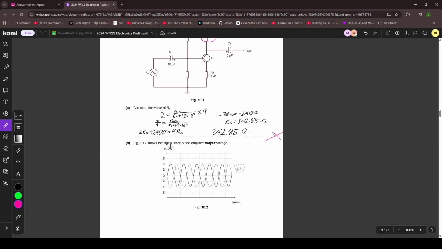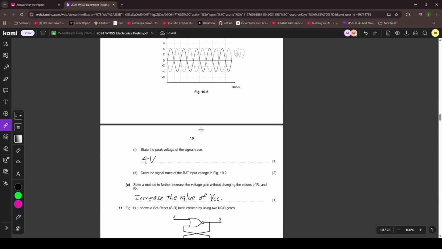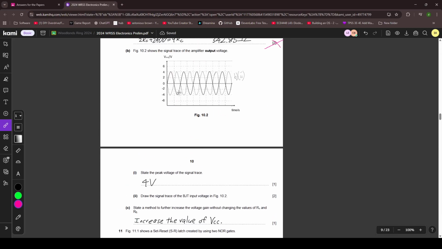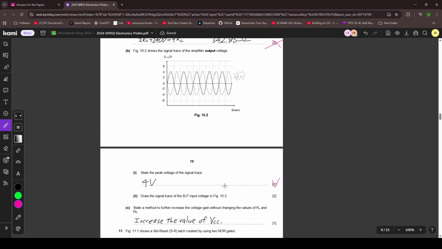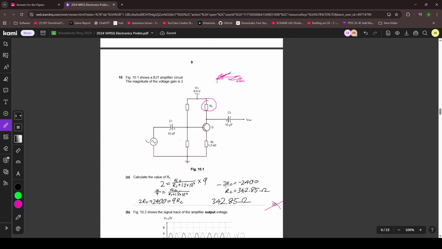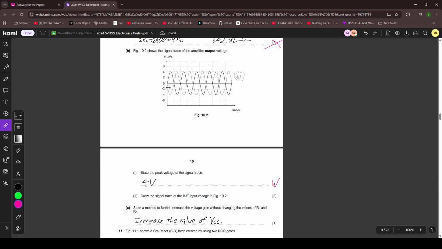Figure 10.2 shows the signal trace of the amplifier output voltage, which is this, okay? Peak voltage is 4, yes. Draw the signal trace of the BJT input voltage. Input voltage. Why is it 180 degrees out of phase?